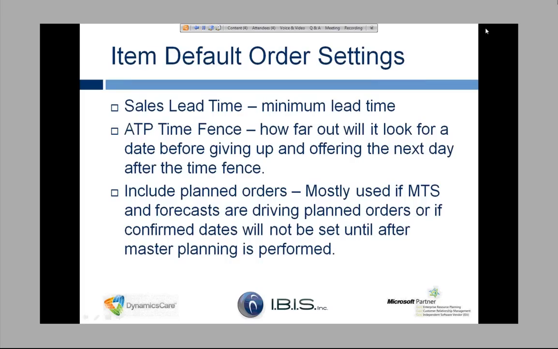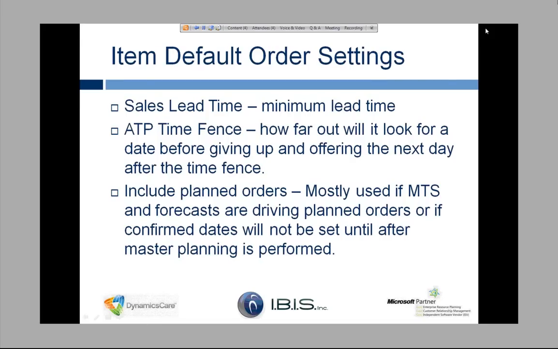So when it's talking about available, it's actually talking about available right now or available in the future from the standpoint of existing orders and their receipt. It's important for the time fence to be set in such a way that it doesn't allow, especially in a make-to-order situation, to go way out into the future when it's not really realistic.